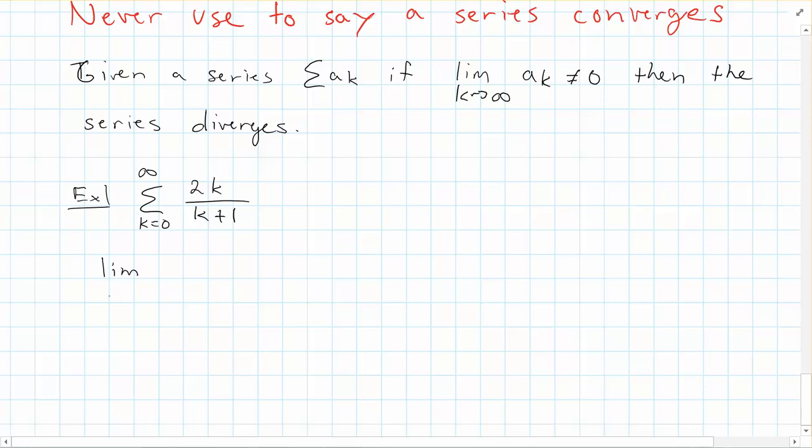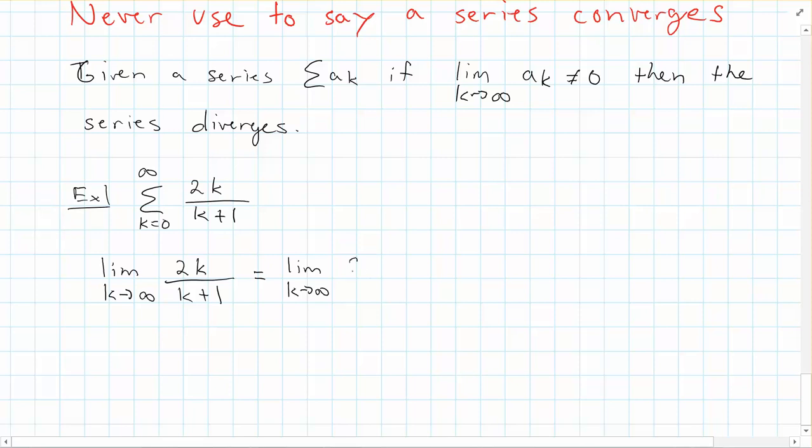So we're just going to go ahead and look at the limit as k goes to infinity of 2k over k plus 1, because that's all we can do with the divergence test, is look at what these a sub k's go to. Now, just going back to Calc 1, beginning of the semester of Calc 1, remember that you can just look at the lead terms of the numerator and denominator.